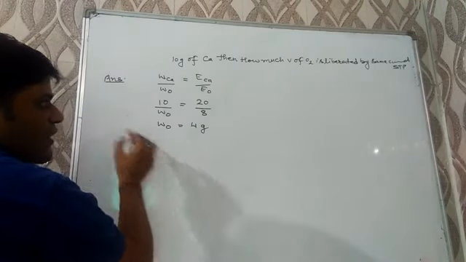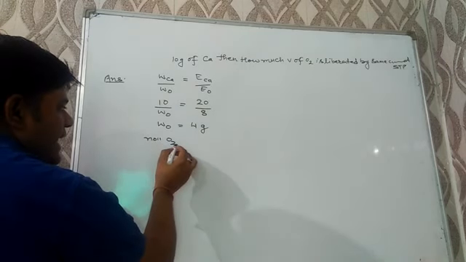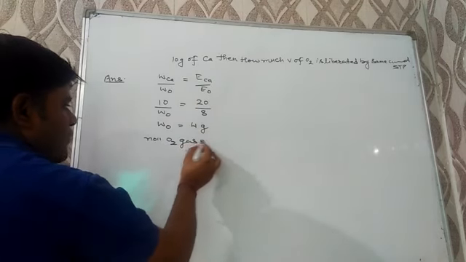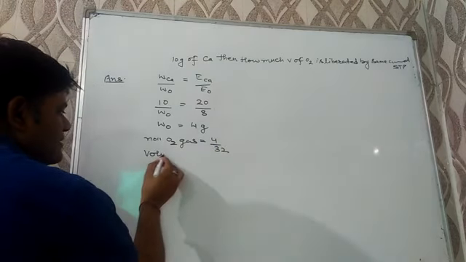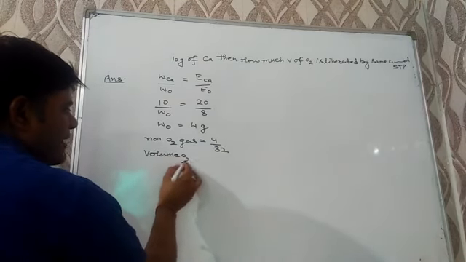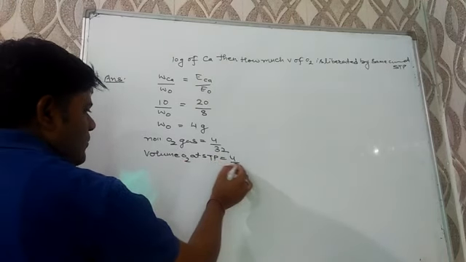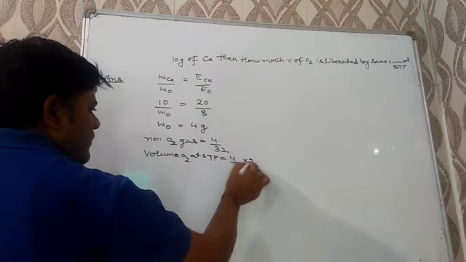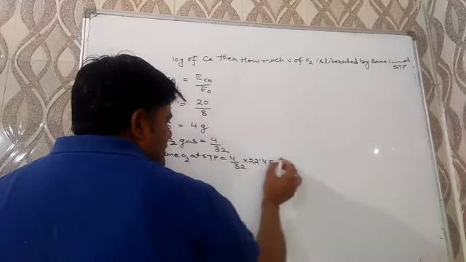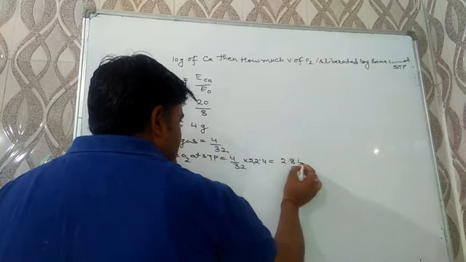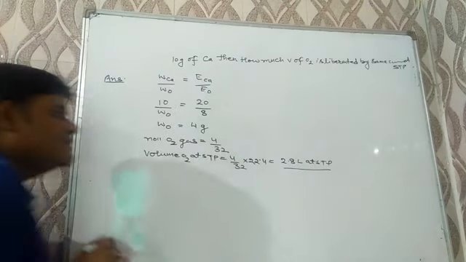Now we have to find out the number of moles of oxygen gas, that will be equal to 4 by 32. So volume of O2 at STP will be equal to 4 by 32 into 22.4 liter, and that comes out to be 2.8 liter at STP. I hope you understand the numericals.